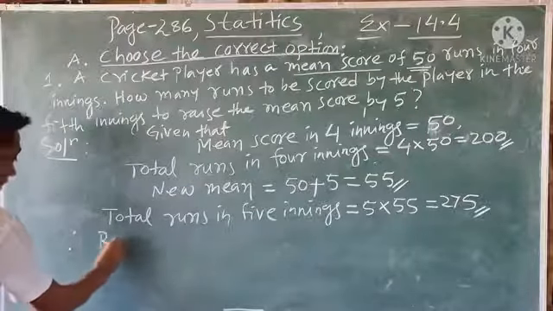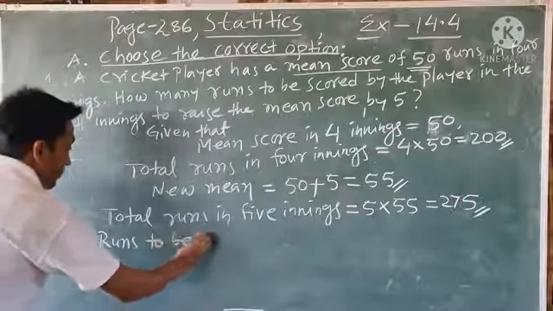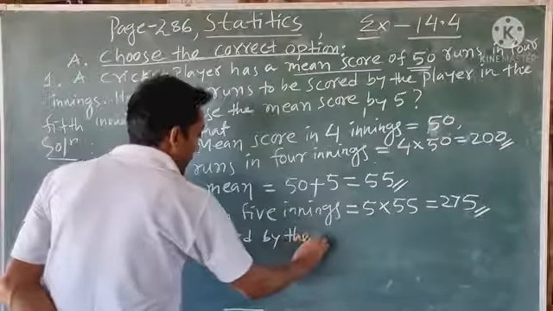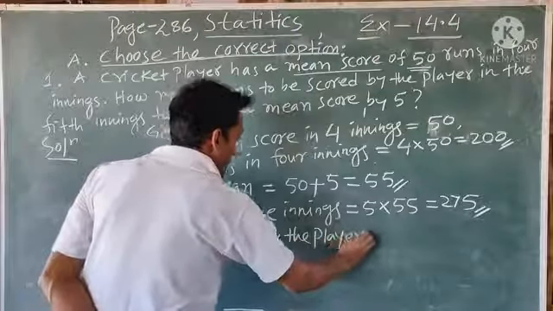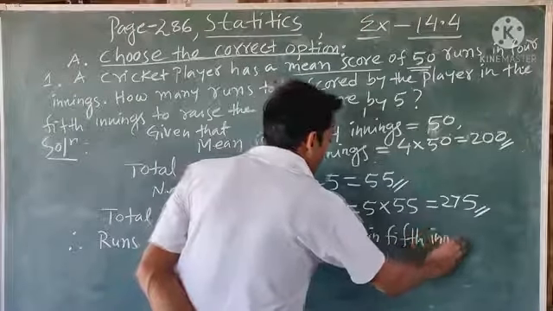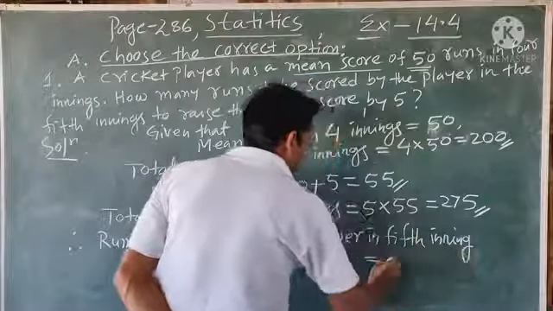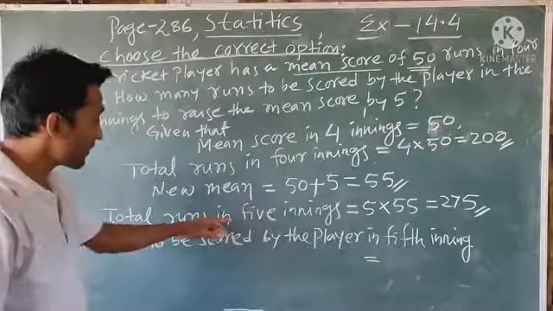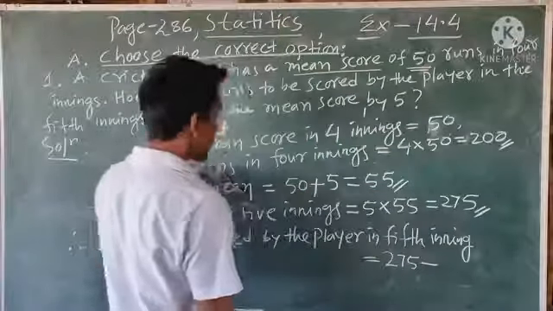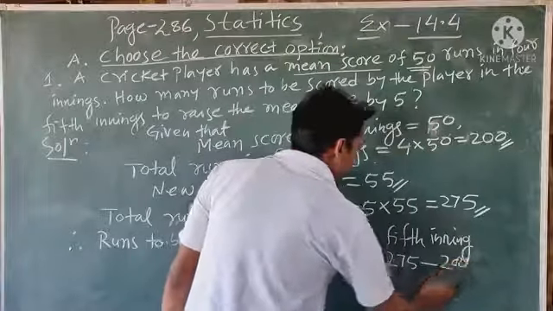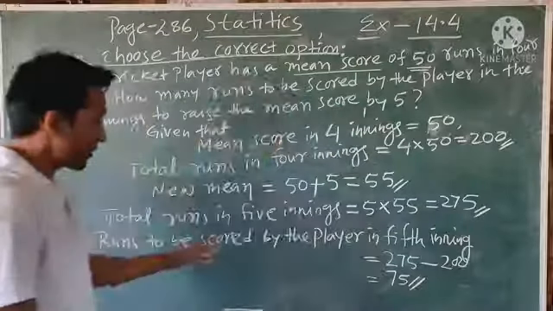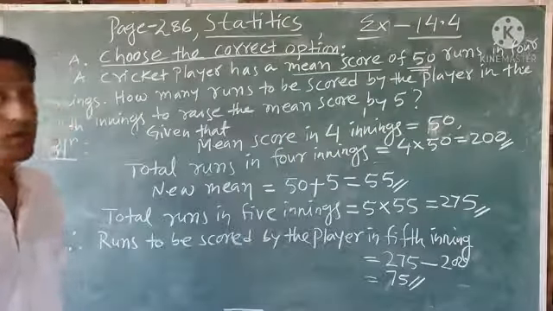Therefore, runs to be scored by the player in 5th innings is: you subtract total runs in 4 innings from total runs in 5 innings. 275 minus 200 is how much? 75. That means he has to score 75 runs in the 5th innings.